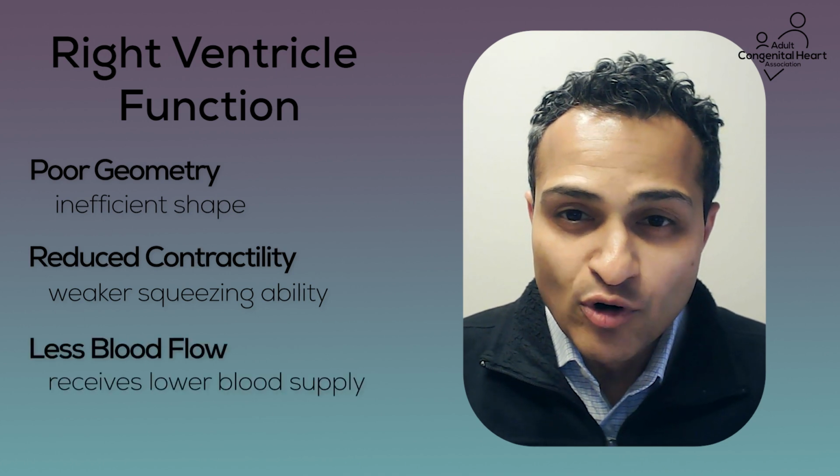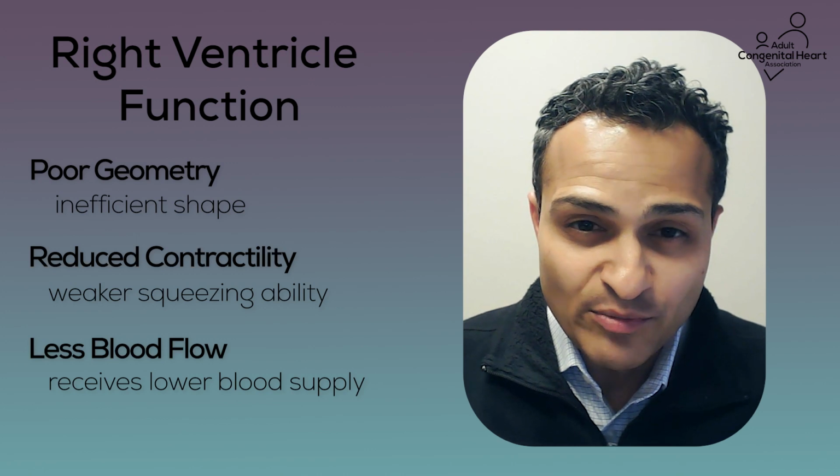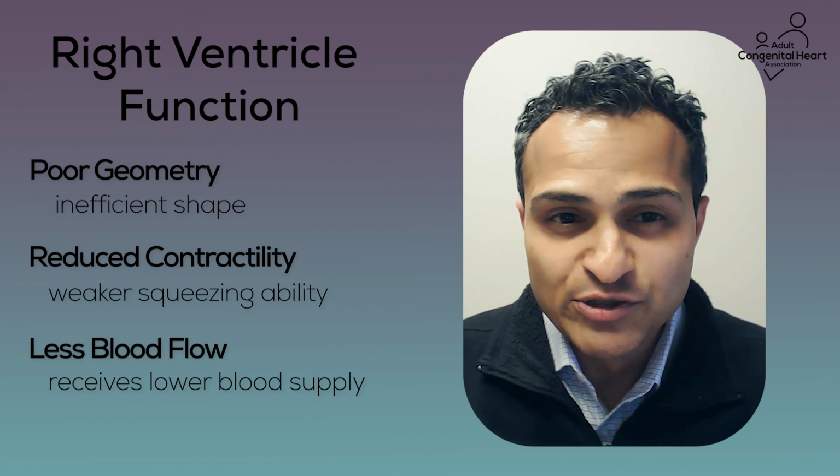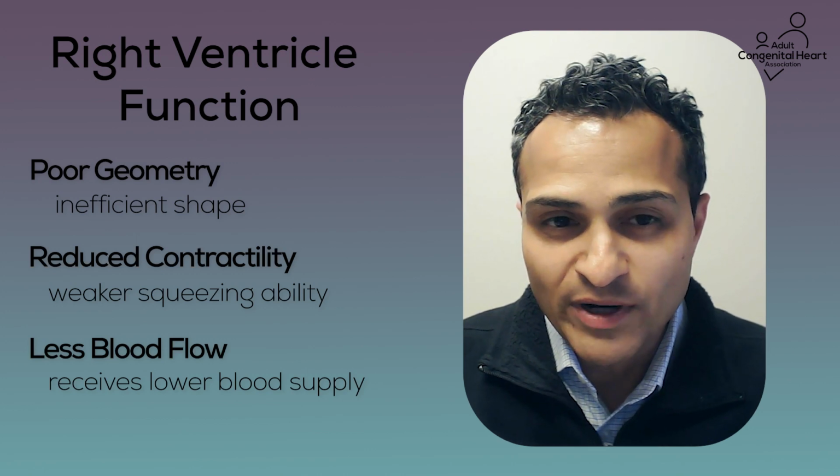Normally the pressures in the lungs are much lower than the pressure in the body, so the right ventricle doesn't have to work as hard as the left ventricle. But in CCTGA, where the right ventricle has to pump blood to the higher pressure body, it's really at a disadvantage. So over time, that increased workload can result in the risk for progressive dysfunction of the right ventricle, and that can lead to problems later in life.